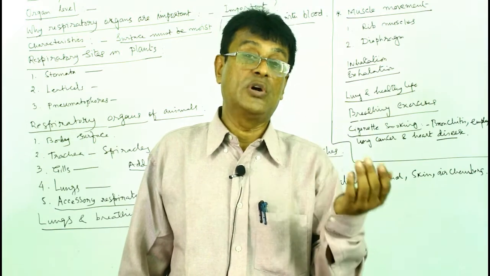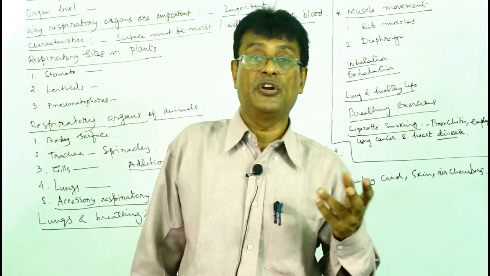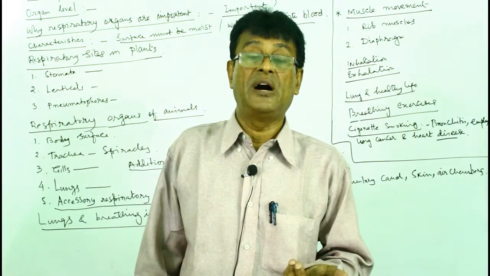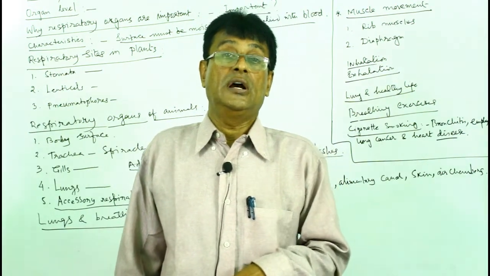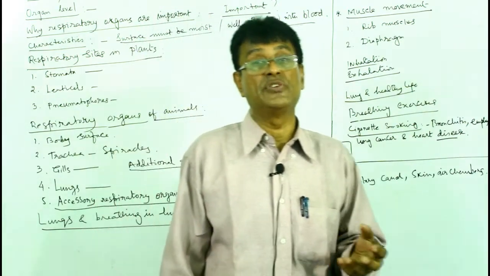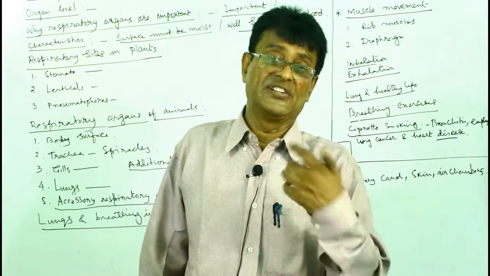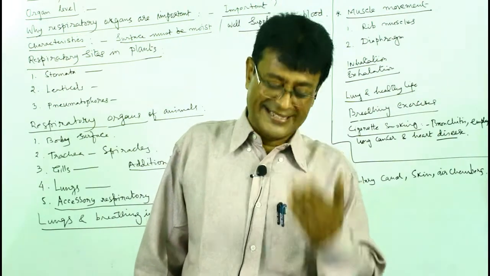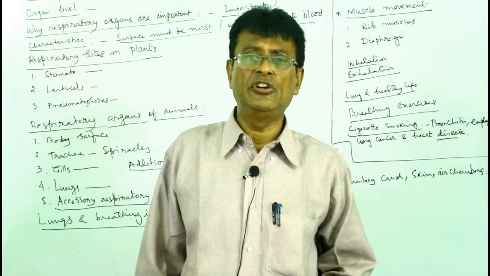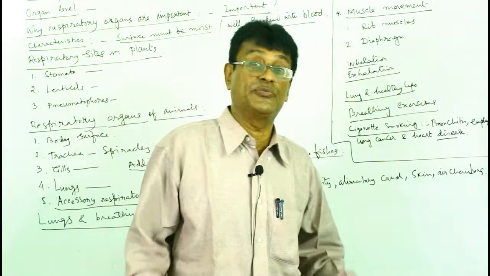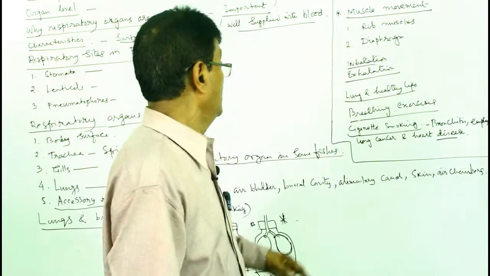The carbon dioxide which was taken inside was 0.03 to 0.04%, and will be increased by 4.5%. On the other hand, the oxygen which was taken, 20 or 20.9, whatever is taken, when you exhale, you will find the oxygen is less by 4.5%. So that is the mathematical magic of nature for the human body.